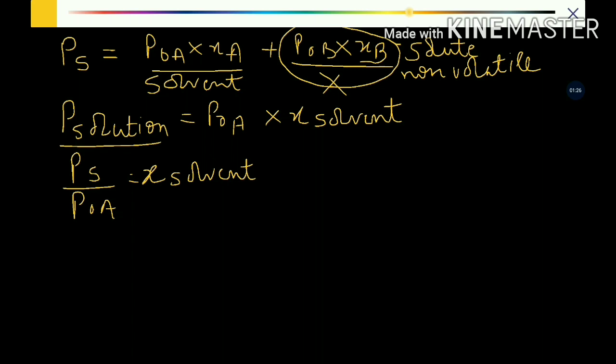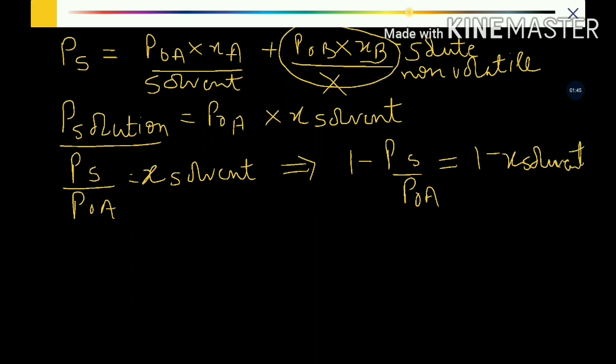Now subtracting 1 from both sides, left hand side and right hand side, I can write 1 minus PS over P naught A, which is P naught A minus PS divided by P naught A.